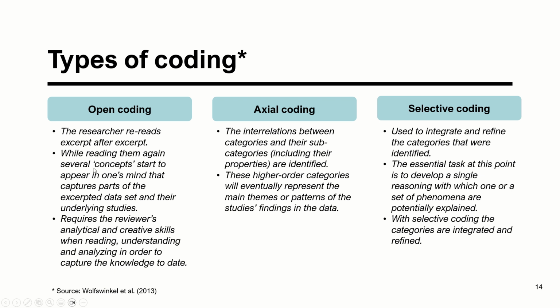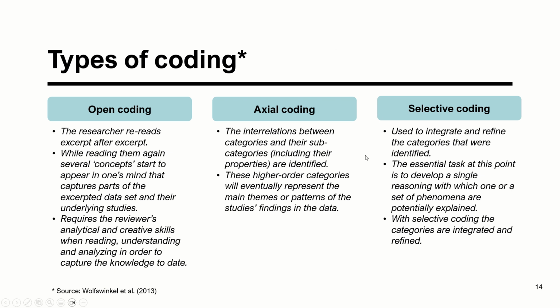Several concepts will start to emerge out of this. And one of the things that is very essential over here is that the reviewer, who is actually the author, the one writing or reviewing the papers, brings creative and analytical skills to the forefront. That's the skill essential for being able to identify some of the emergent codes and concepts.